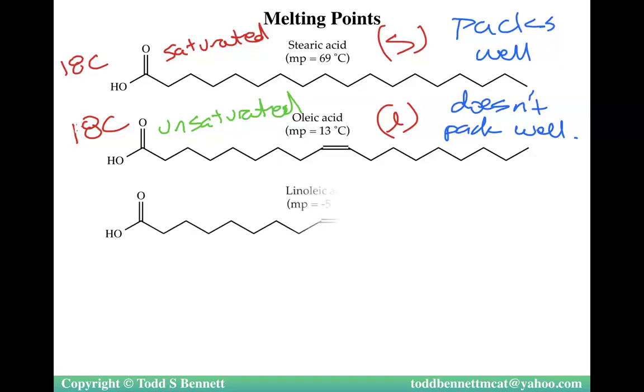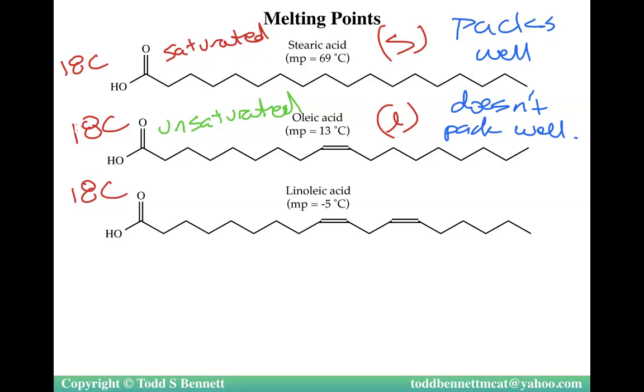Let's see if the trend continues. So linoleic acid, this compound, is still 18 carbons, but now it has 2 double bonds. So it has even less flexibility. So it is more rigid, it won't pack together as well.